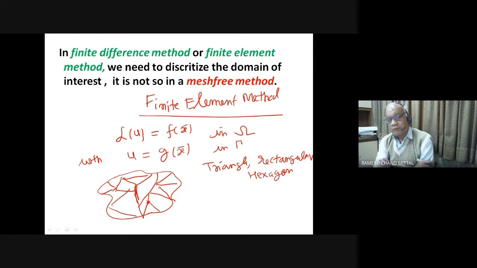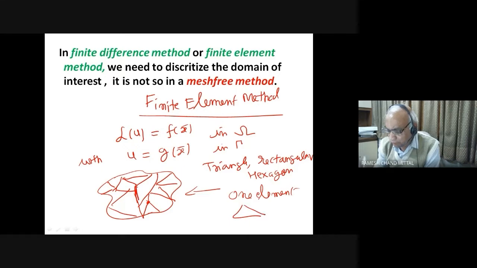So first, the mesh is to be divided into triangles or rectangles or hexagons. Then you take one typical element. Let's say you have a triangle. Then you find the solution first in one element, typically.